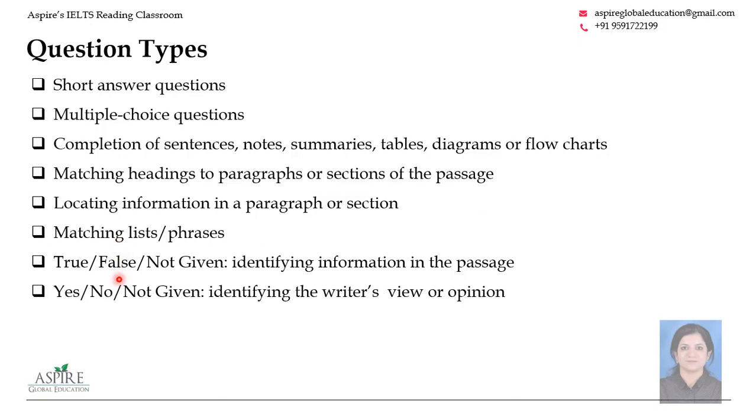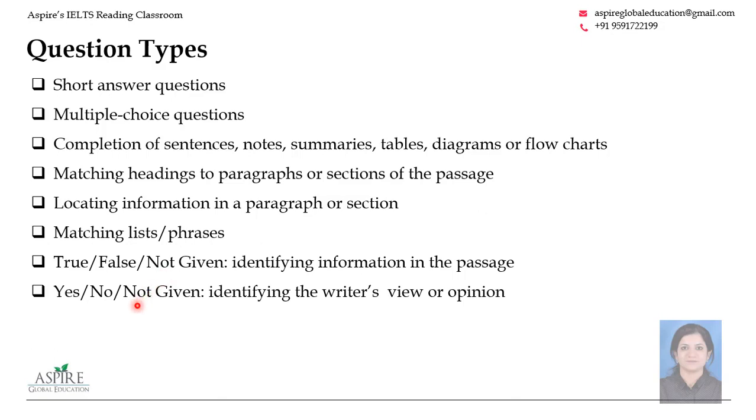The next question type is true, false or not given. So this question type helps you in identifying information in the passage. So you have 3 options. So you should use elimination method as we will discuss later. And you will have to choose one of these that will help you to answer your question.